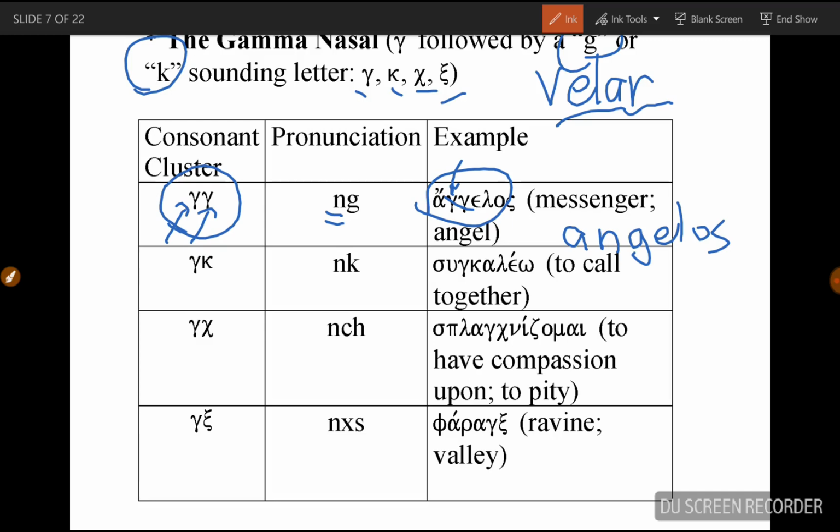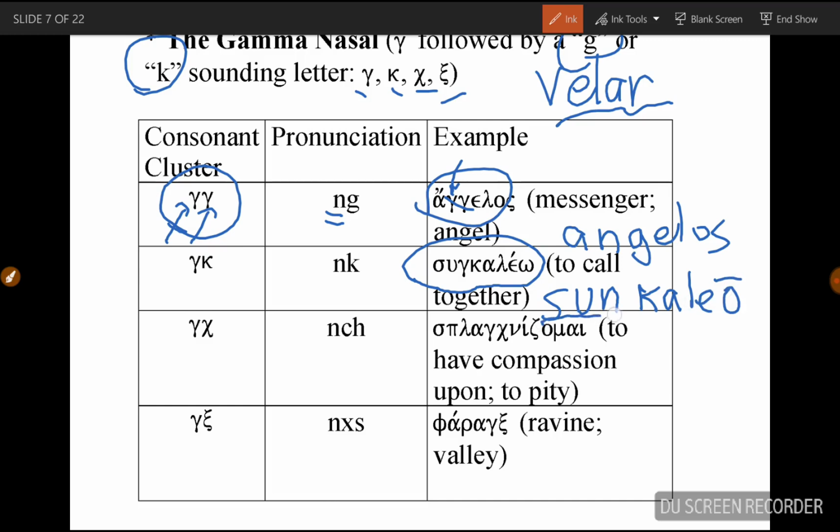But it's spelled alpha, gamma, gamma, epsilon, lambda, omicron, sigma. And then for this one, it looks like the word is sugkaleo. Wouldn't you pronounce this as sugkaleo? But you don't. You would pronounce this as soon kaleo.